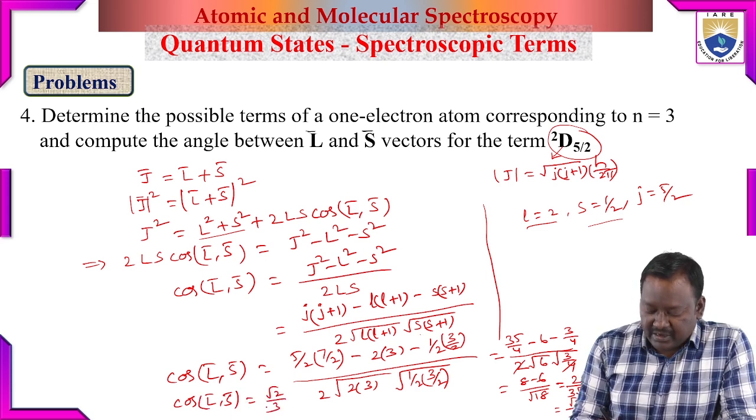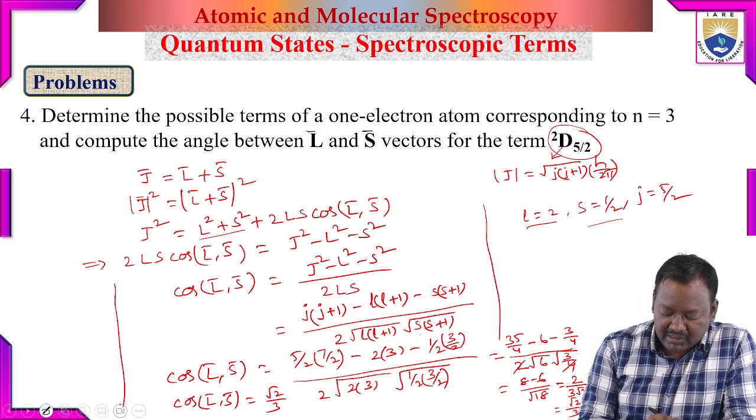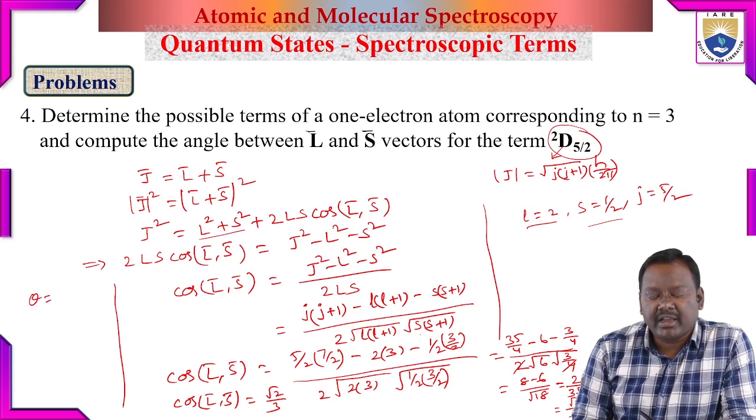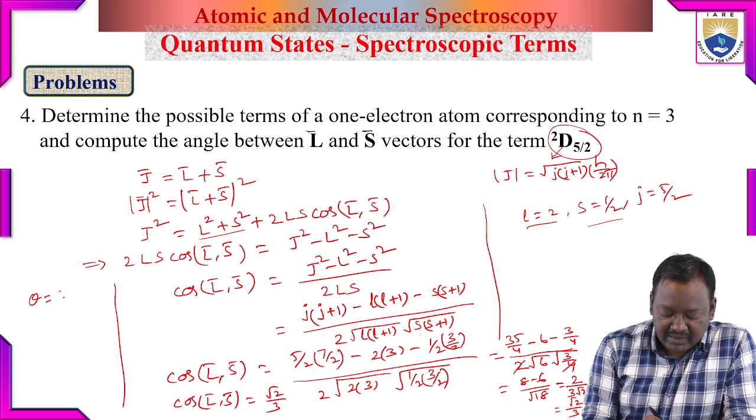The angle between L and S, let us write theta, is given by cos inverse of square root of 2 by 3.